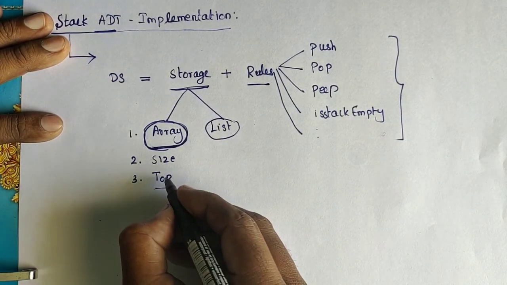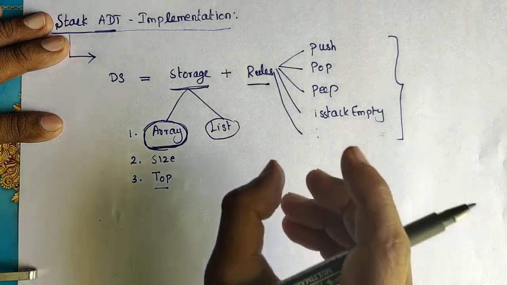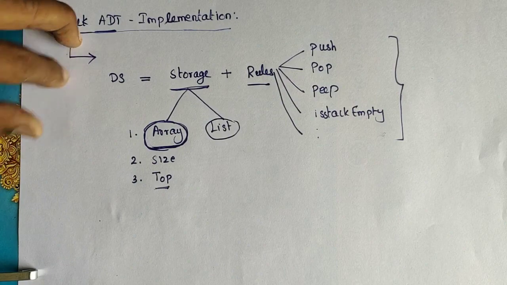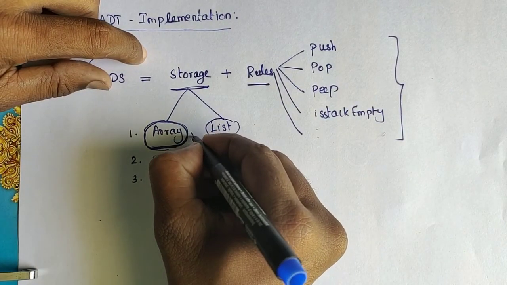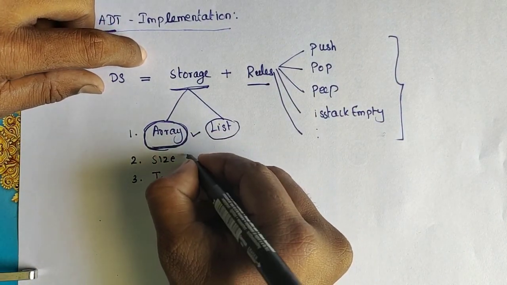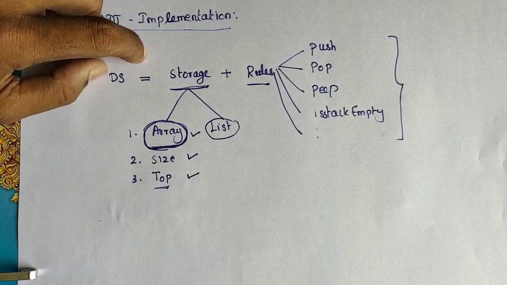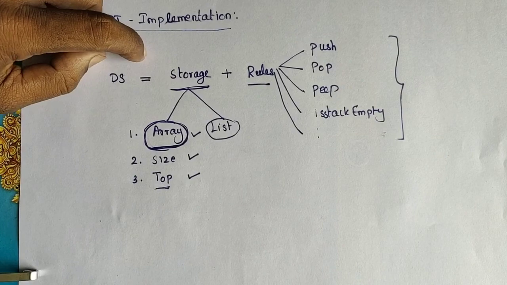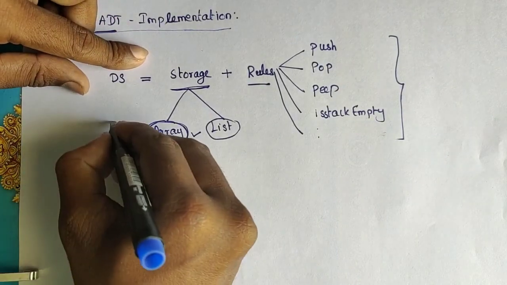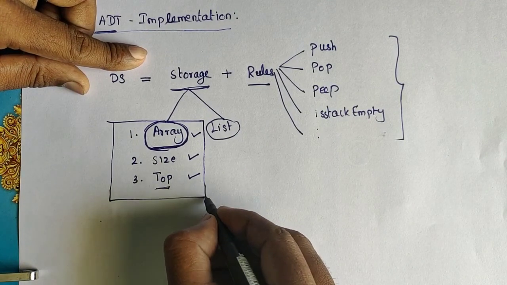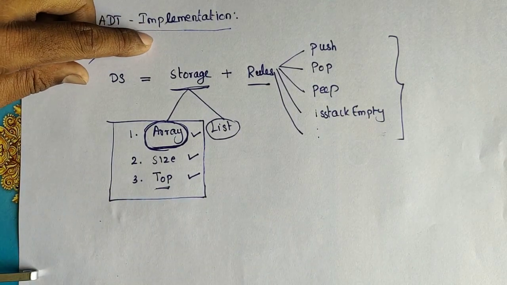So for maintaining the index of the recently inserted element, we are going to use the top. So we need one array and two properties. One is the size, another one is the top, to maintain the index of the recently inserted elements. So these are the storage I need for storing elements into the array stack.